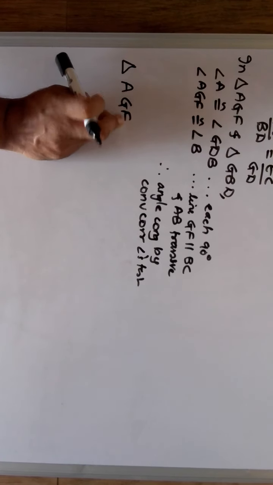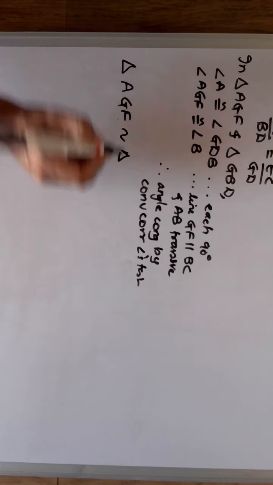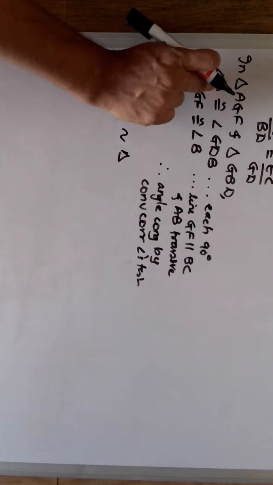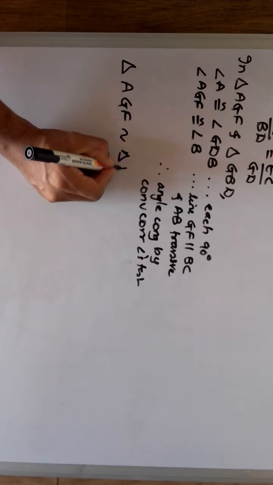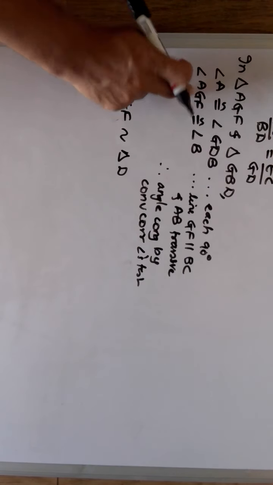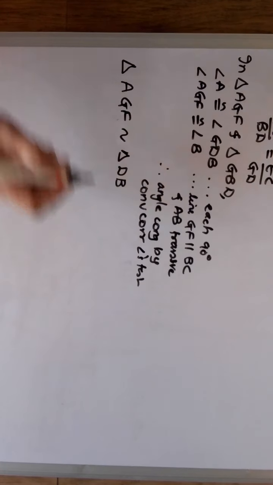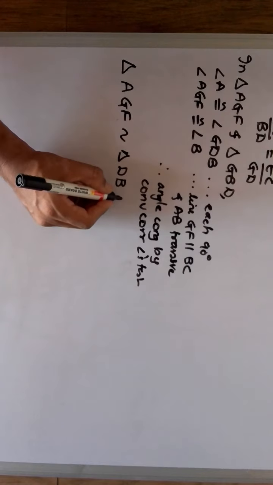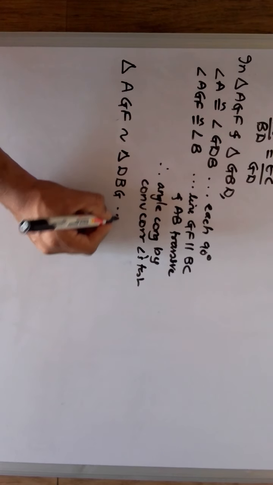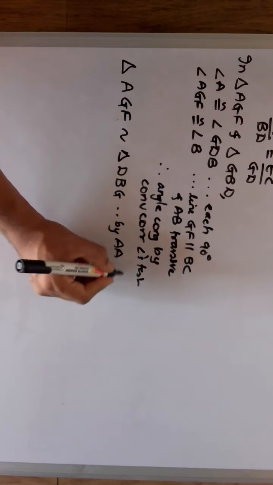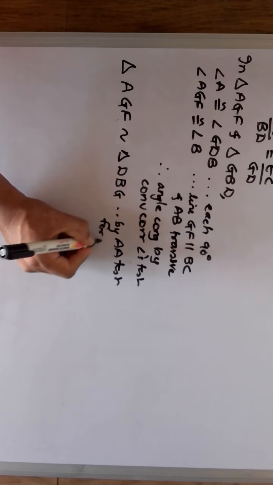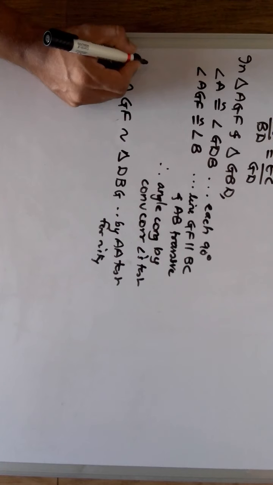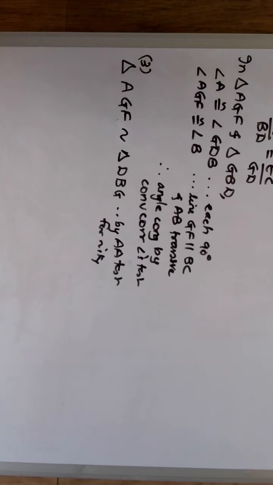So AGF is similar to triangle, now you can see here A number 1 goes with D, so that is D. G goes with B. Now only 1 remains, D and B are over, so you remain here with only G. This is by AA test for similarity. Okay. So let me store this as my statement number 3.